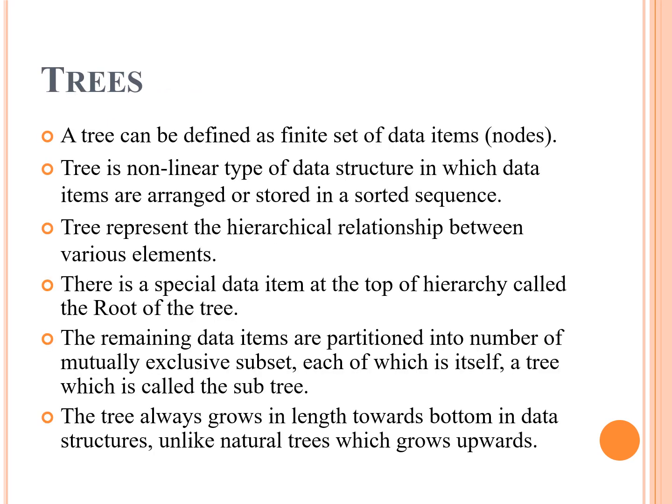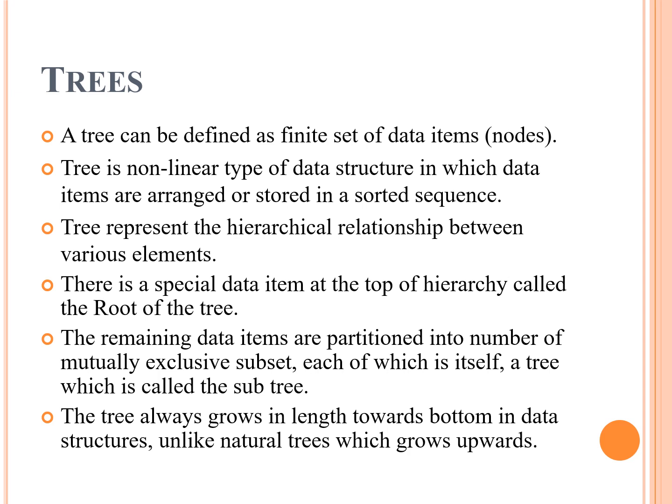Another classification of data structure is the tree. A tree can be defined as a finite set of data items. The data items of a tree are known as nodes. It is a non-linear type of data structure in which data items are not arranged or stored in a sequence. A tree represents the hierarchical relationship between the various elements.